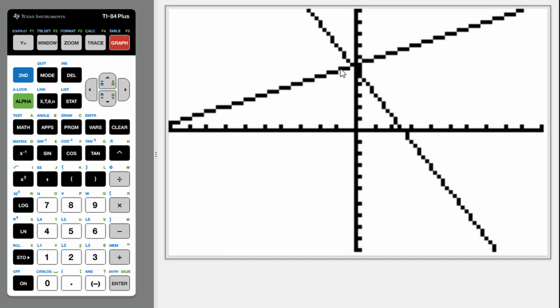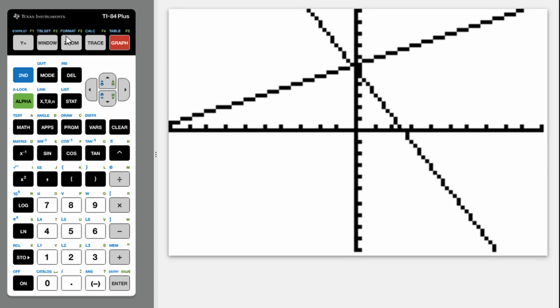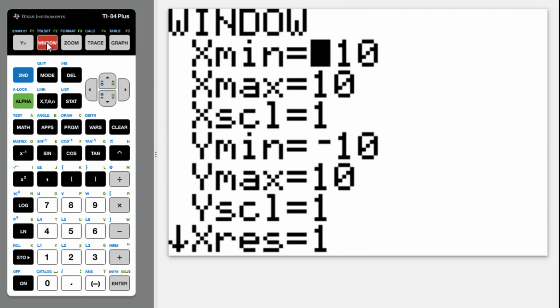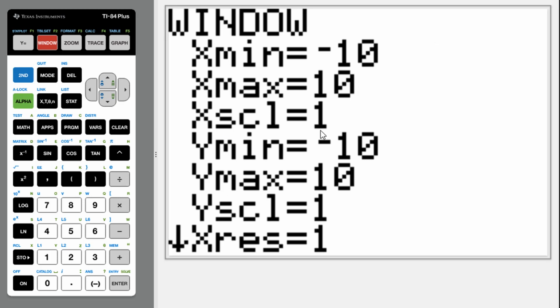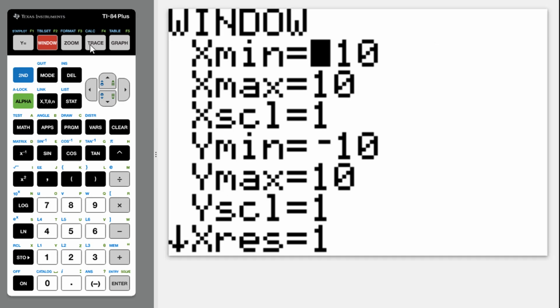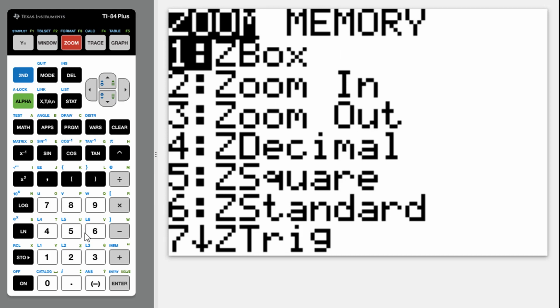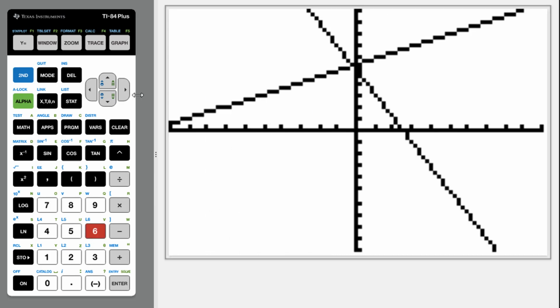In your window, if you can see this intersection, it means your window is good enough. The standard window is negative 10, 10, 1, negative 10, 10, 1. You can use zoom 6 to get this standard window.